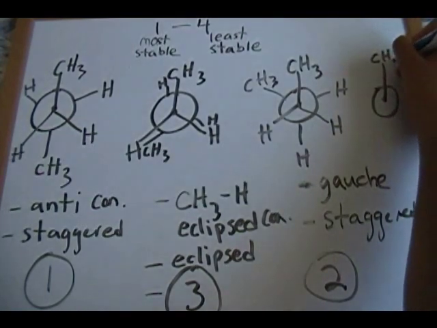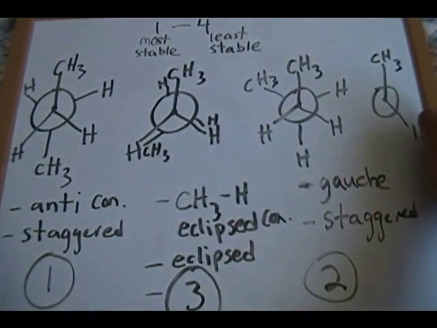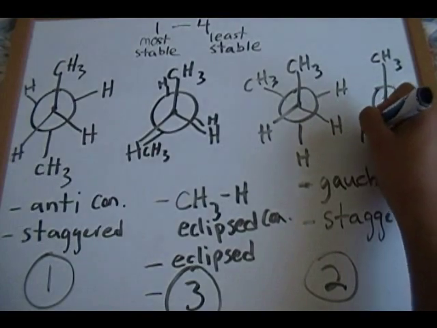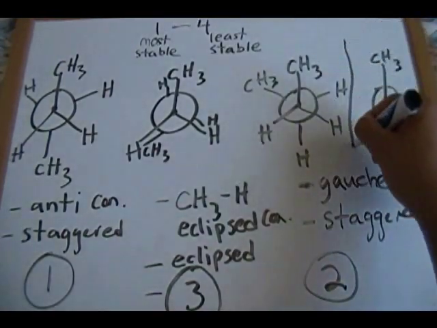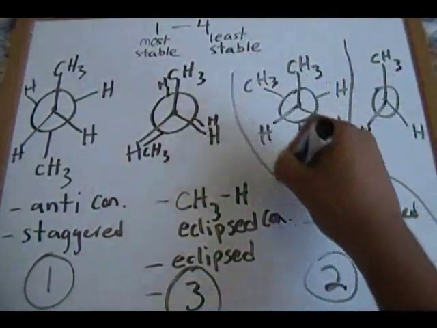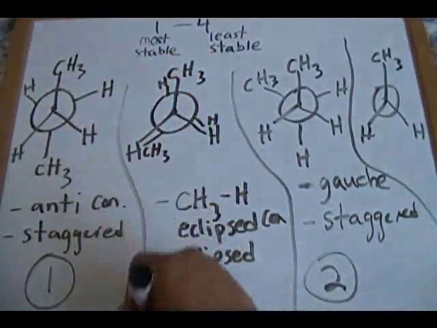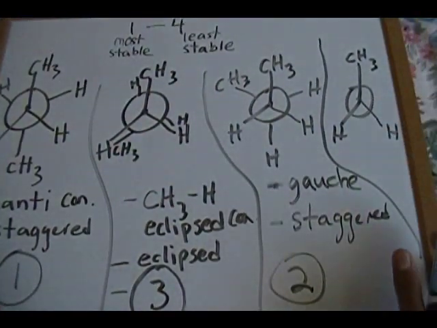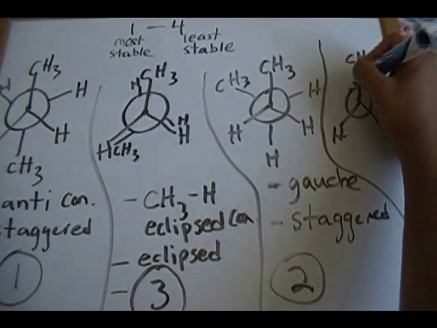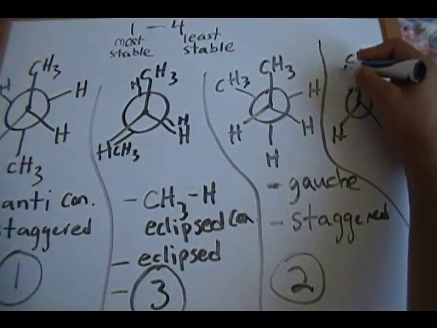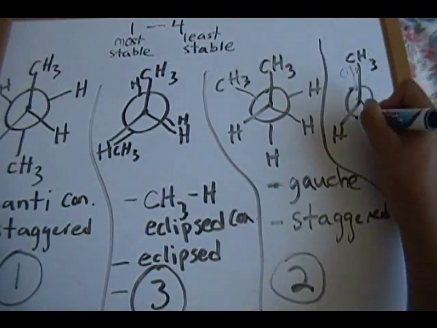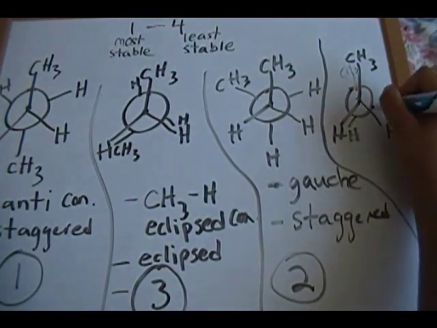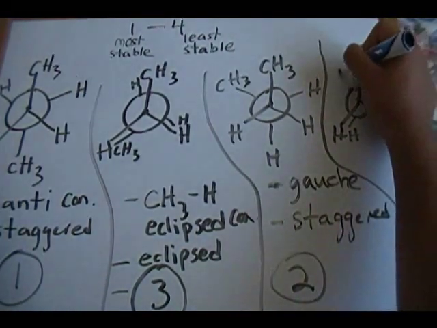Here's your CH3, there's your H, there's your H. Let's separate this. So this is our last conformer, and then you have a methyl group here. Let's draw this right here. You have an H. You have another H.